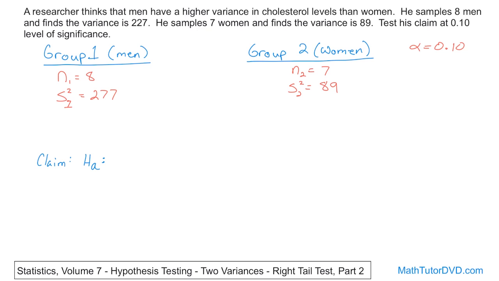For the alternate, what we're saying is that the variance, sigma 1 squared, in the men's population, group 1, remember group 1 is men, group 2 is women, so that's why we have the number 1 there, is greater than for women. That is the claim. So I go ahead and write this down, and just to remind yourself, this is men, and this is women. Just to help remember, right?